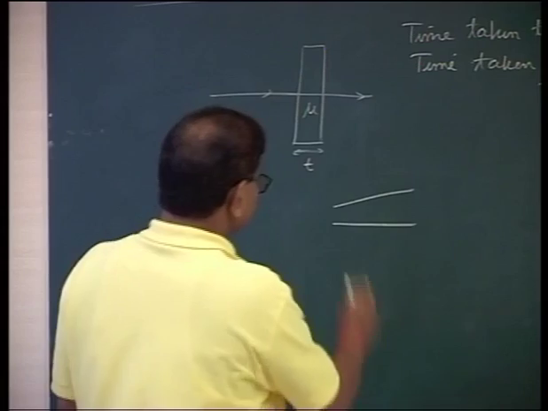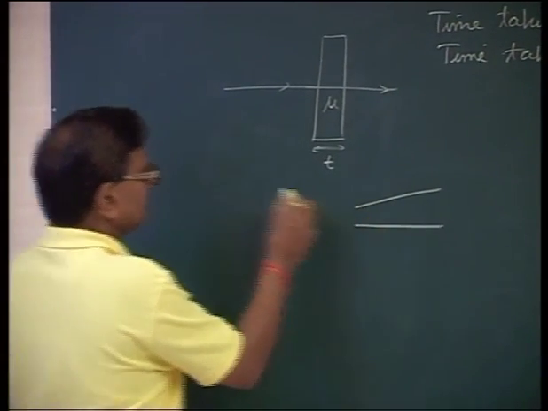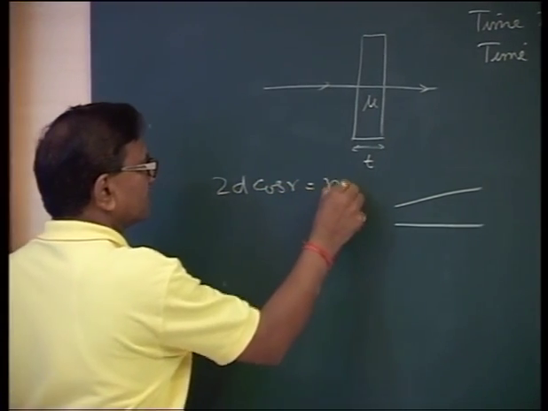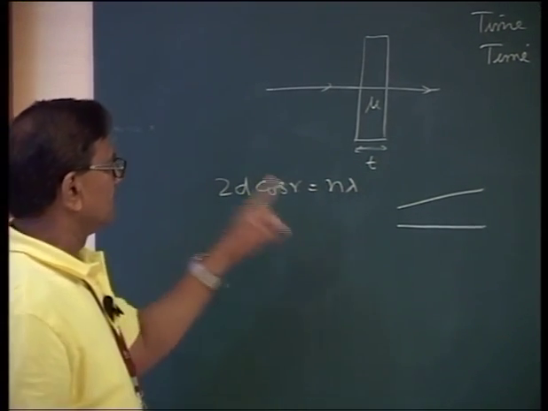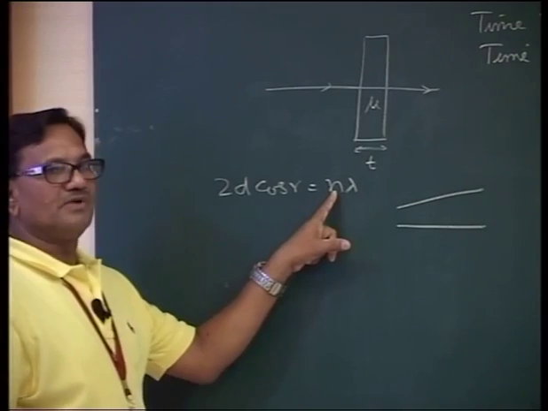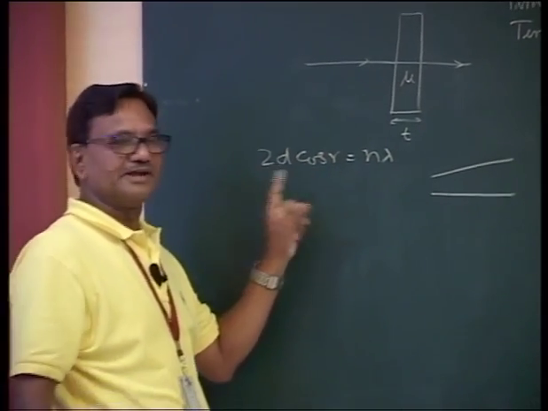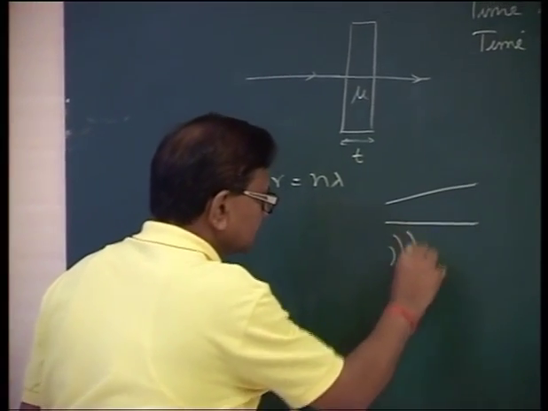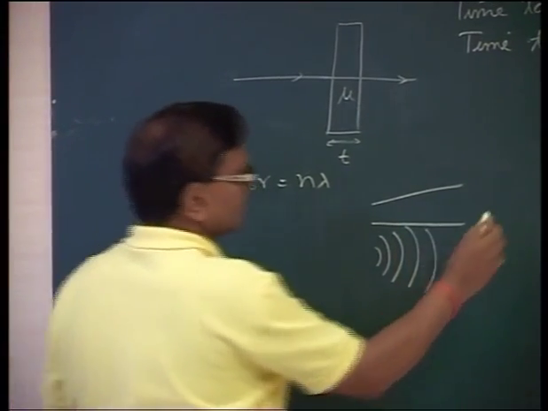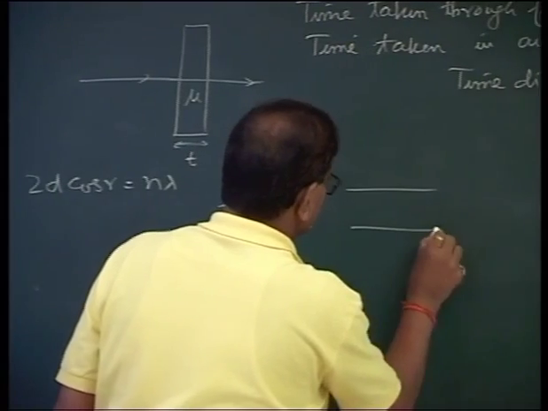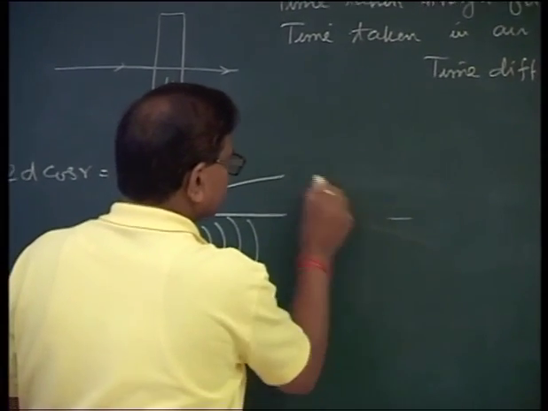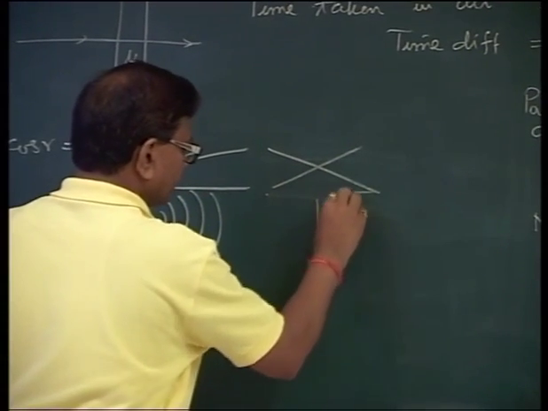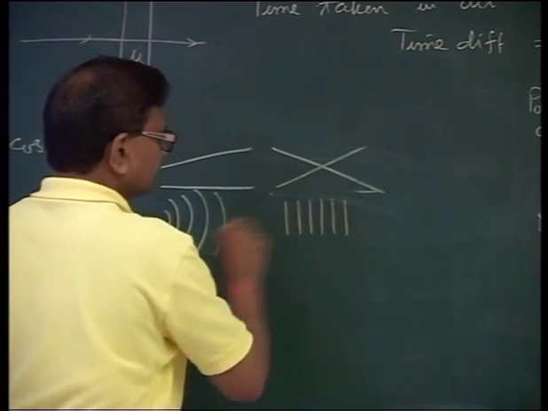Since the basic formula is 2d cos r = nλ, higher order rings will be located at less radius. That means that will be the situation. The rings will look like this. If the mirrors become plane like this, crossed like this, then they will become straight line fringes.